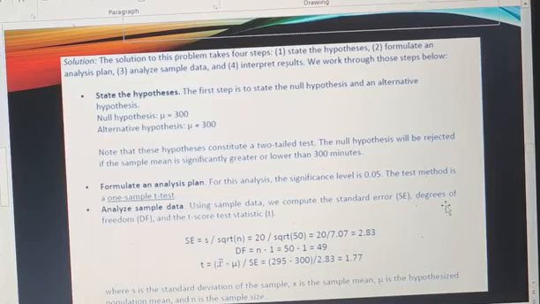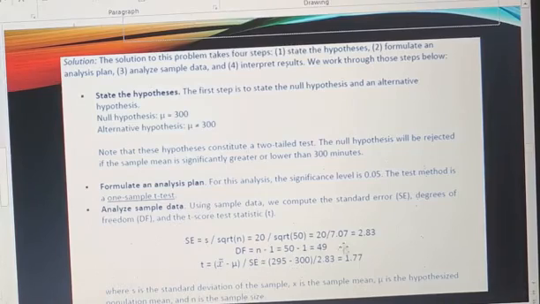DF equals N minus 1 equals 50 minus 1 equals 49. T equals (x̄ minus mu)/SE equals (295 minus 300)/2.83 equals 1.77.